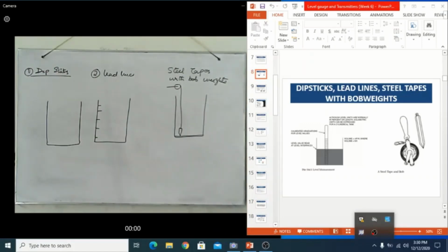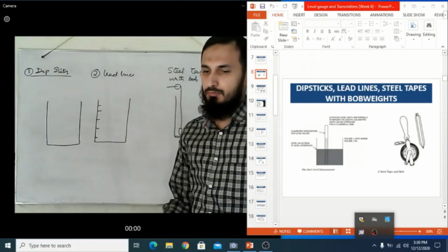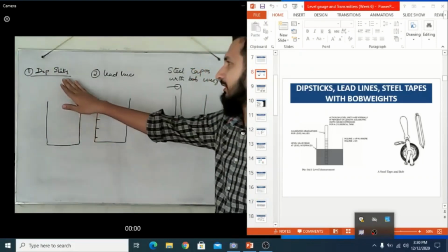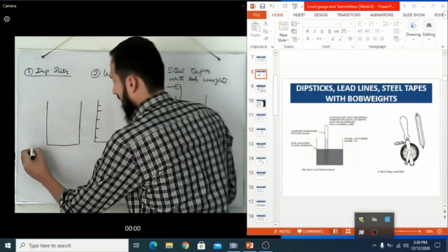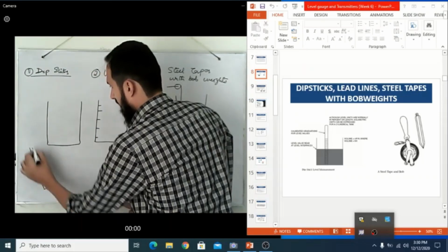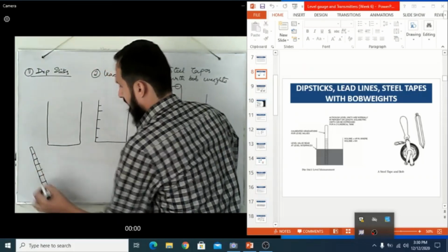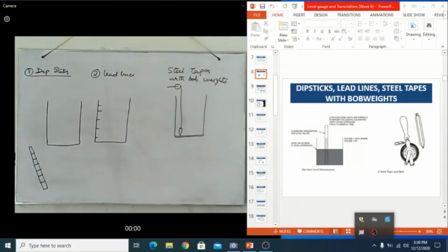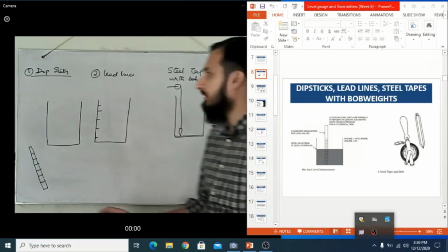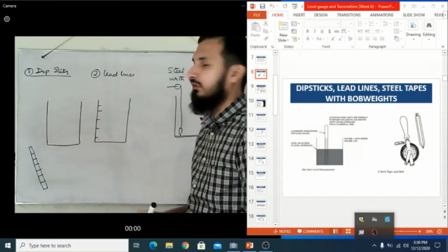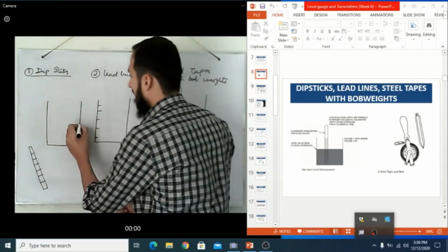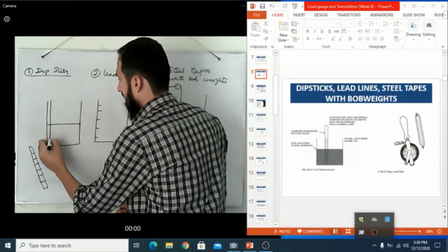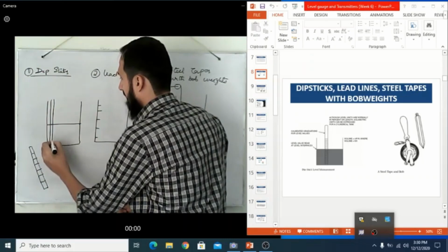So first of all, if I talk about dipsticks and the problems associated with this type of measuring method, there is a steel rod which is calibrated either in feet, or inches, or maybe in meters. But the operator needs to dip it in the tank, and then take it out in order to understand at how much level it is.